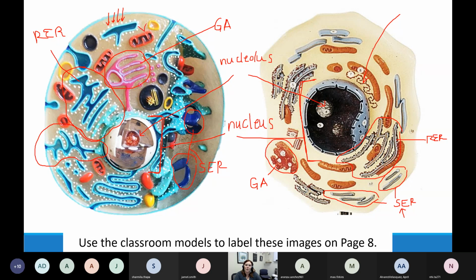We also see these orange organelles. They're orange on both of my models. Hey, these orange organelles are the powerhouse of the cell, as we said in high school. What is the name of these organelles that are orange? My powerhouse organelles, if you will.